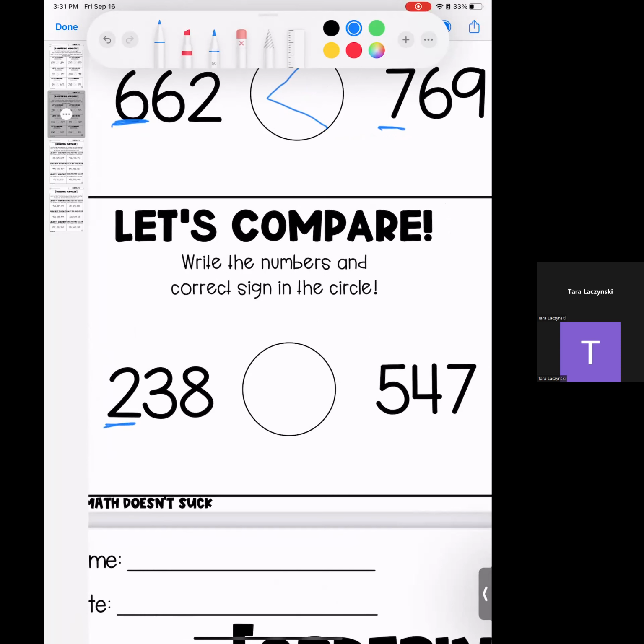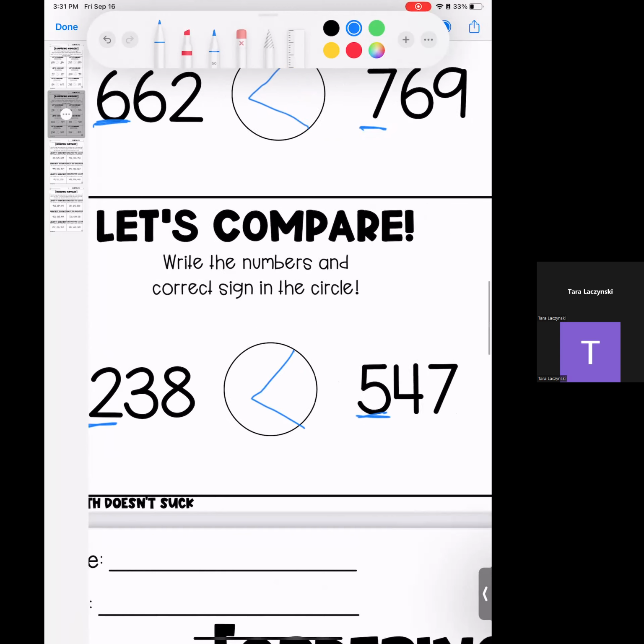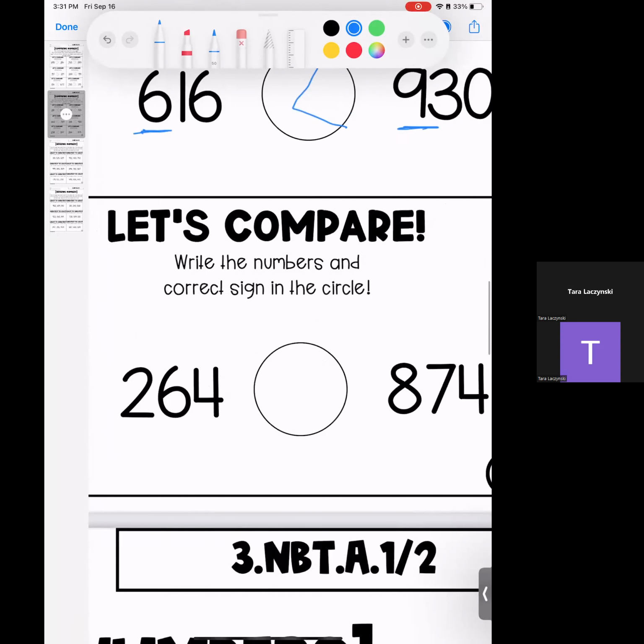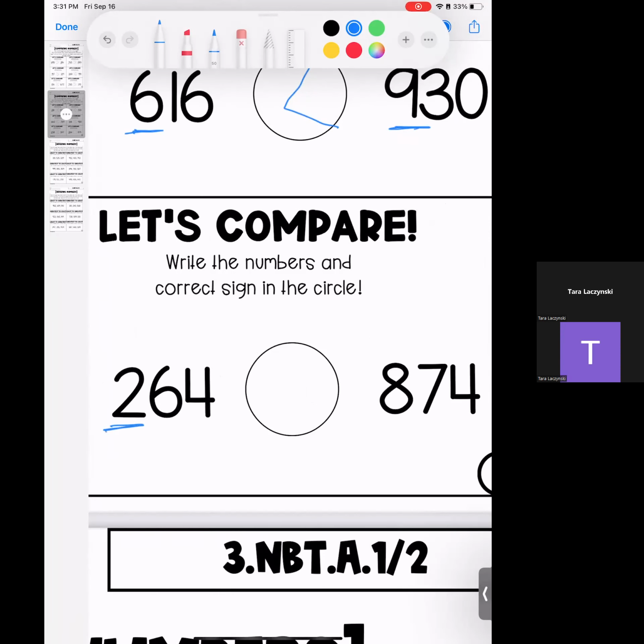Comparing 238, 547. 500 is greater than 200, so 238 is less than 547. Last one, 264, 874. 800 is greater, so we would read this as 264 is less than 874.